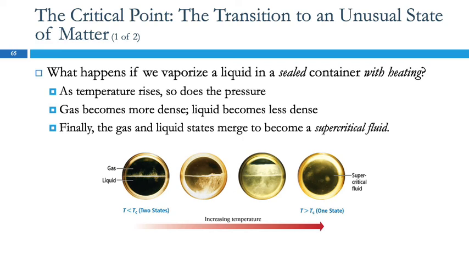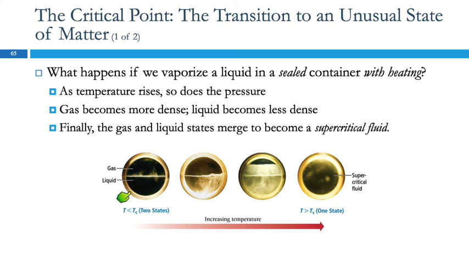So we heated water in an open container. We looked at evaporation in a closed container. We looked at just evaporation at the same temperature in an open container. What if we have a sealed container and we add heat? Kind of like a pressure cooker, except the pressure cooker never gets this pressured.